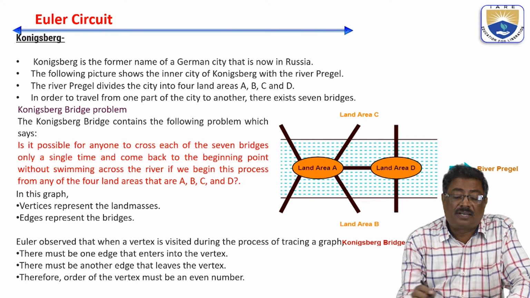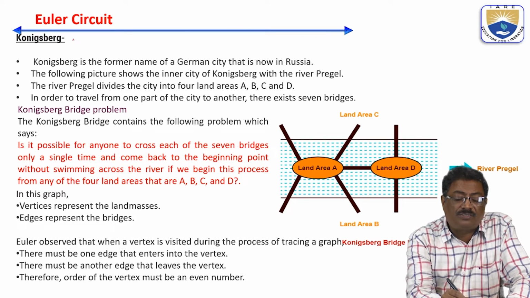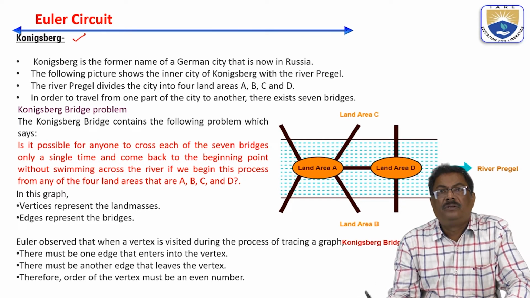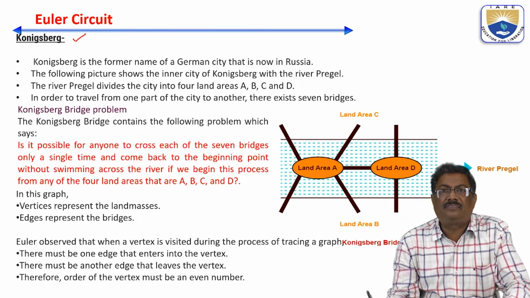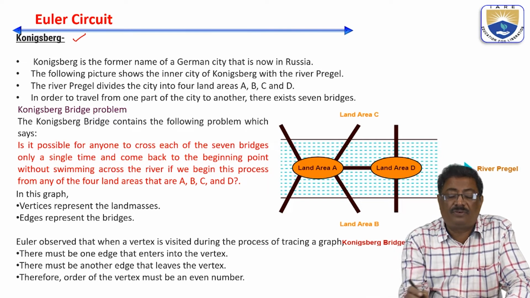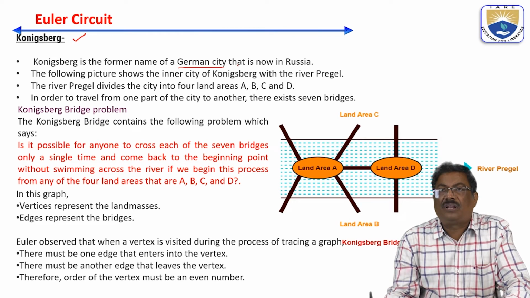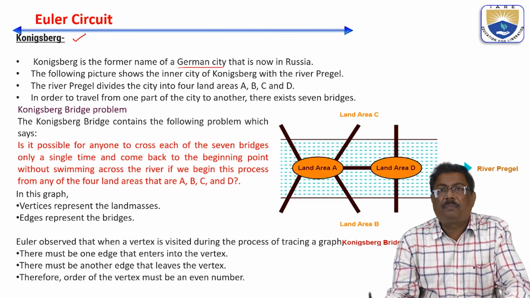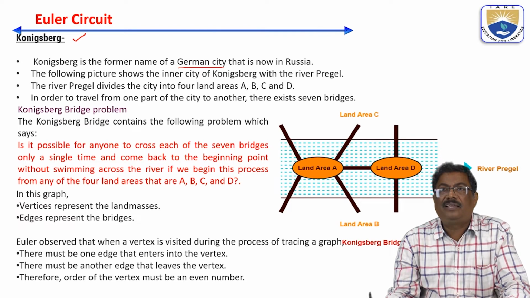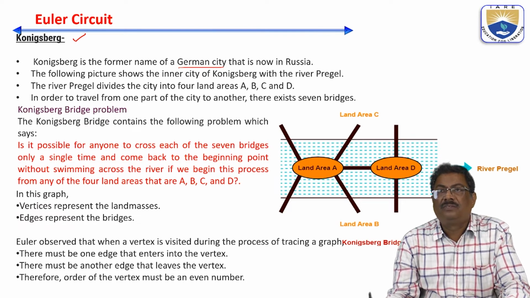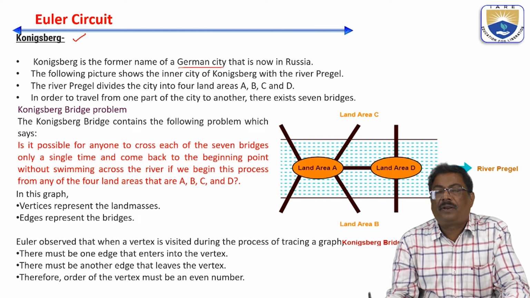Now, what are the applications of this Euler's graph? One of the applications is the Konigsberg bridge problem. Konigsberg is a former name of a city in Germany that is now in Russia. The following picture shows the inner city of Konigsberg with the river Pregel.